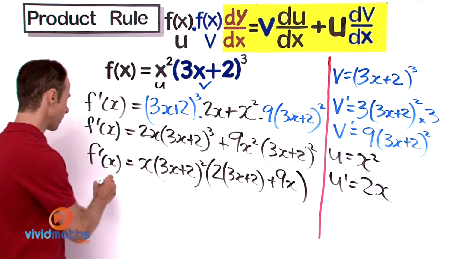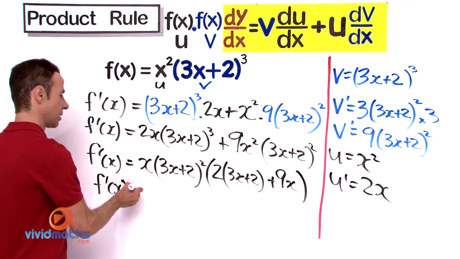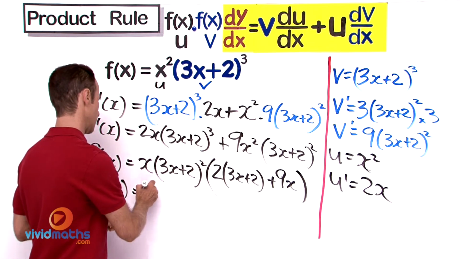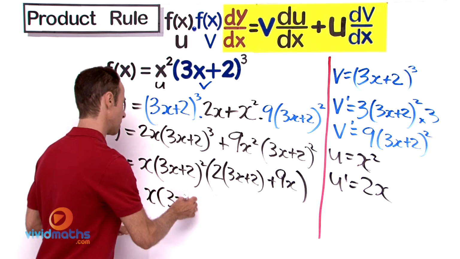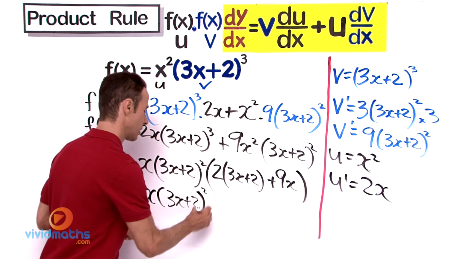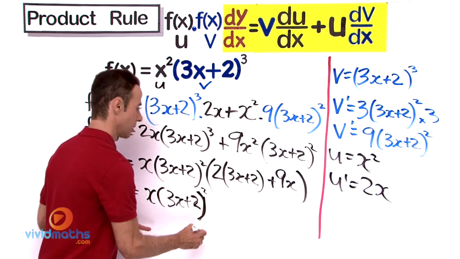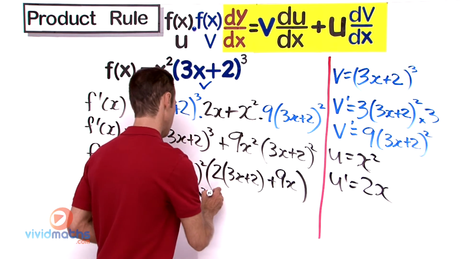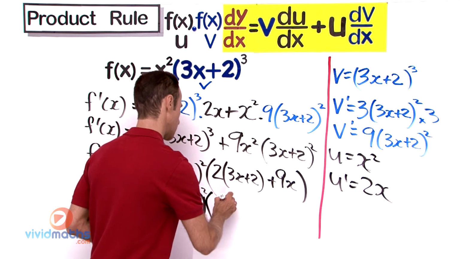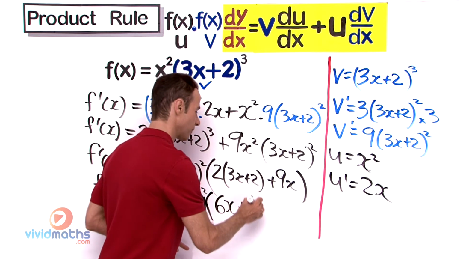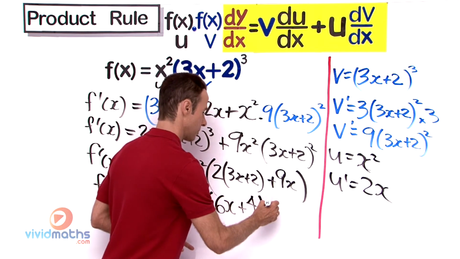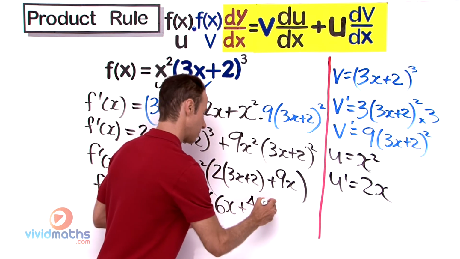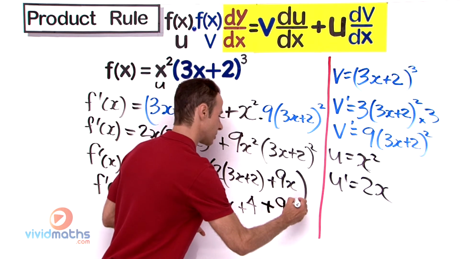We can further simplify that. It's going to equal x times 3x plus 2 all squared, times the simplified bracket. Okay, let's simplify this. 2 times 3 is 6, so that's 6x plus 2 times 2 is 4, plus 9x.